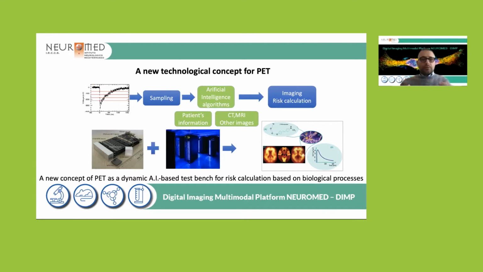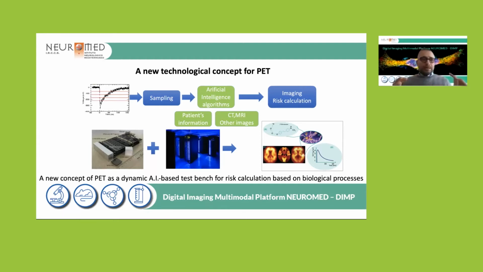We collect data from that, and we use artificial intelligence algorithms to reconstruct the images and to combine them with patient information and other images, in order to get, together with imaging, a proper risk calculation.